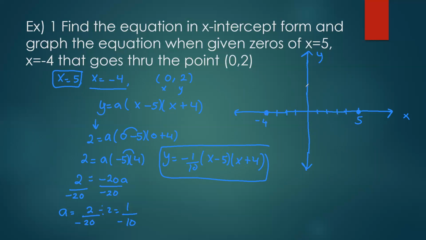Then it goes through the point (0, 2), the y-intercept. Dot it and connect the three dots, and you have a quadratic concave down. It would look something like this. So that's your graph, and that is your equation.